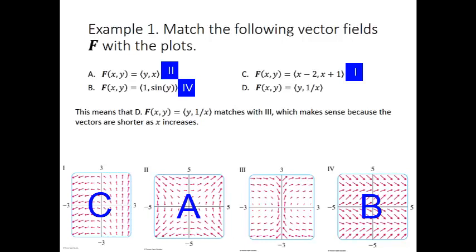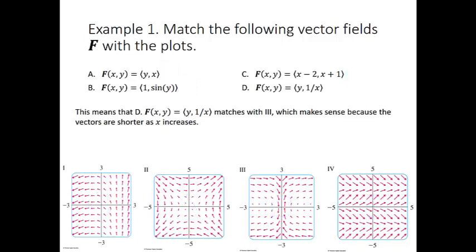This makes sense because the vectors in our plot are decreasing as x is increasing, which fits that 1 over x piece of our vector field. Great. Those are some strategies to think about when you're trying to match the equation of a vector field with a plot of a vector field.